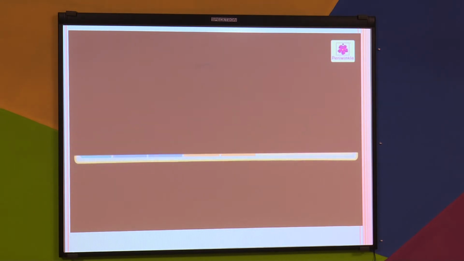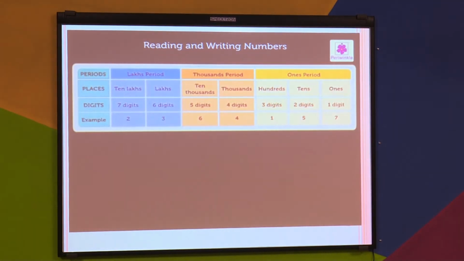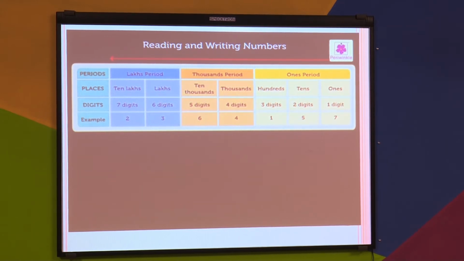Now let us learn to read and write numbers using the Hindu-Arabic system. We write the numbers in the standard form using commas and read them using the periods. Let us take an example to understand it in a better way. This is a 7-digit number and is placed in the ones, the thousands and the lakhs periods. Remember kids, while inserting commas, we count the digits from the right to the left.